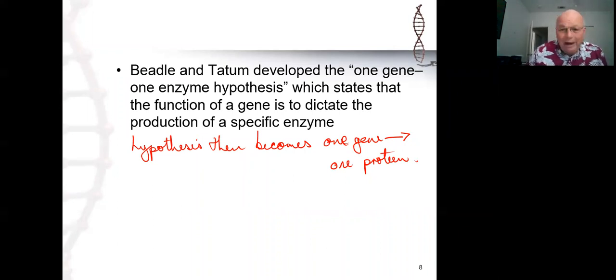Many proteins turned out to be made up of many strands of amino acids. Like hemoglobin, it's made up of 4 strands of amino acids. And hemoglobin was actually a protein that was subject to a lot of research at this point in time.